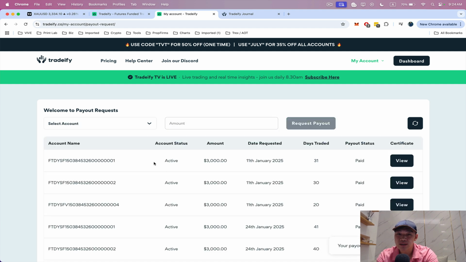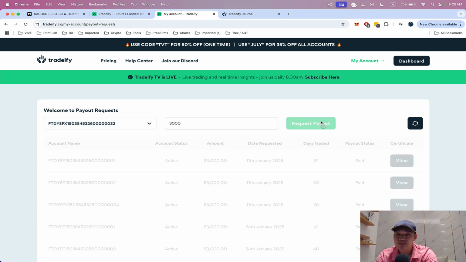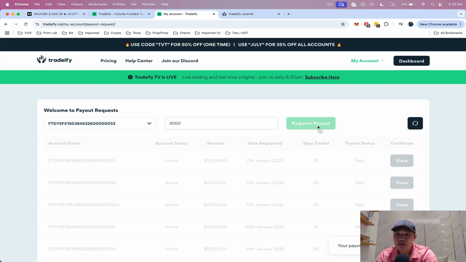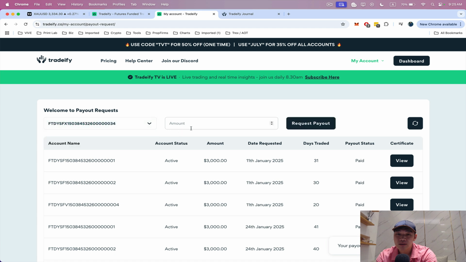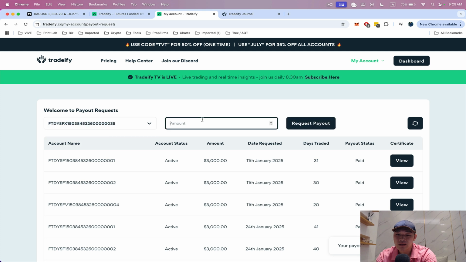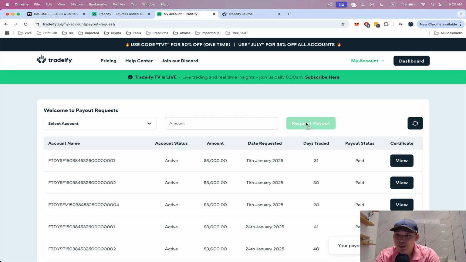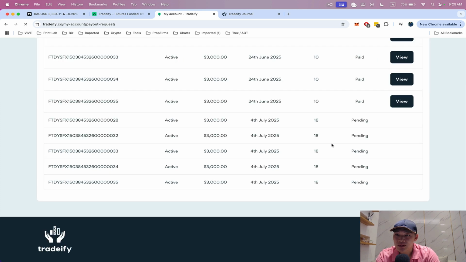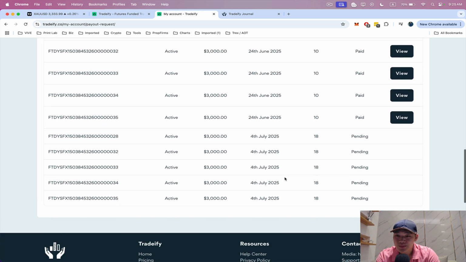So this is 1 account, 2 account, 3, 4, and there you go, 5. So 15,000, going to request that today, processing over here. So with the profit split 90%, it's going to be 13.5. All right, so I'm not sure when it will be sent, but it should be sent within the day.